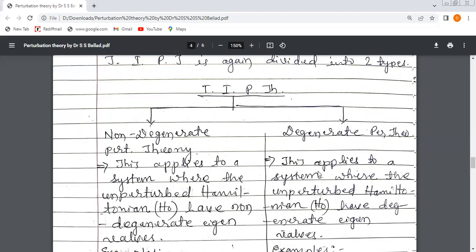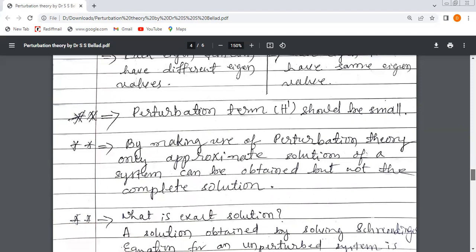And the other case is degenerate time independent perturbation theory, where the unperturbed Hamiltonian H0 has degenerate eigenvalues. So two cases arise.